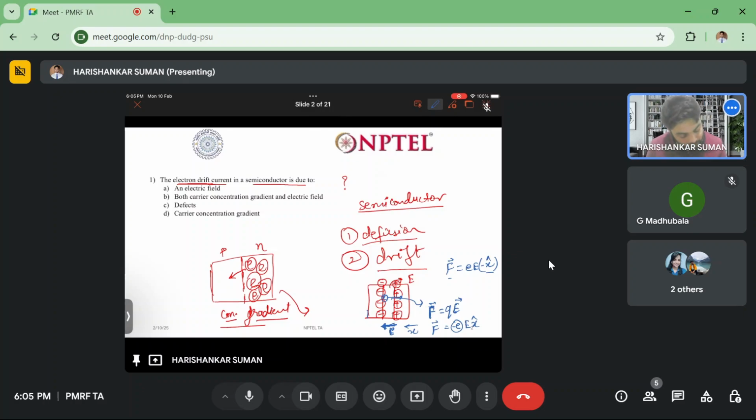This phenomenon is known as drift of electron, and due to this drift, current is generated. This current is known as drift current.